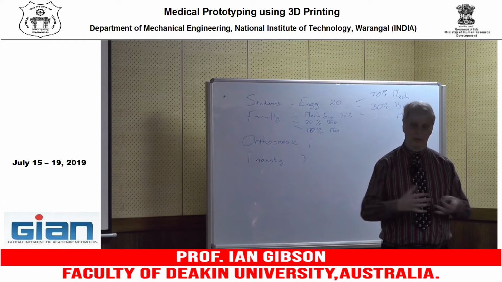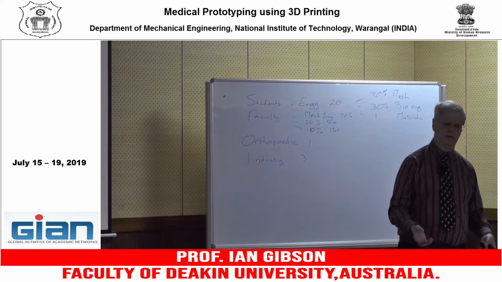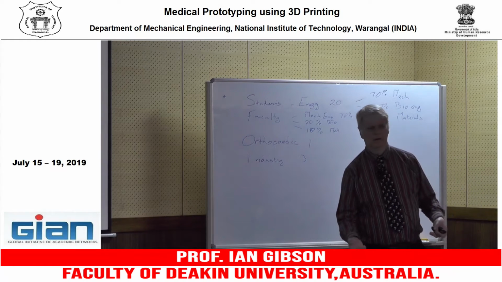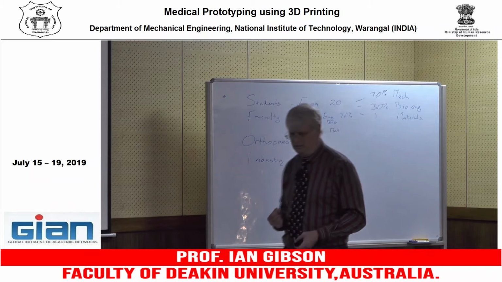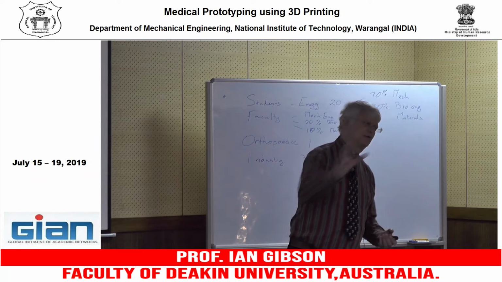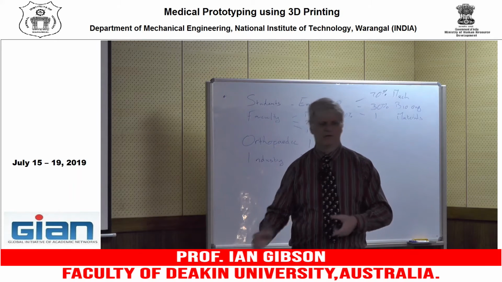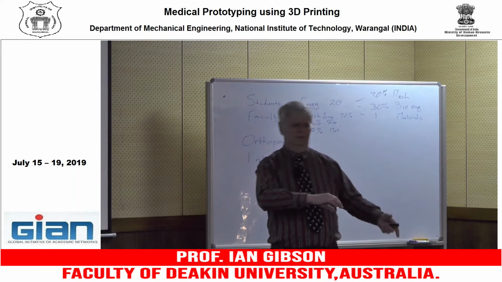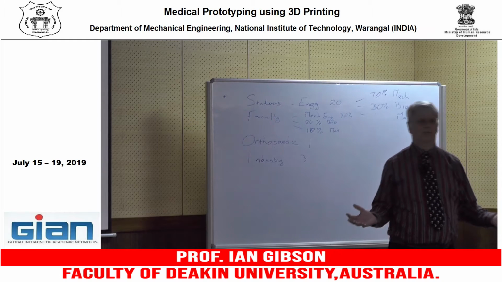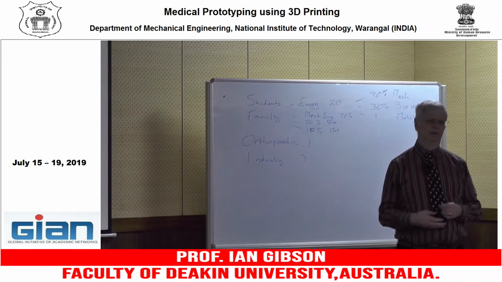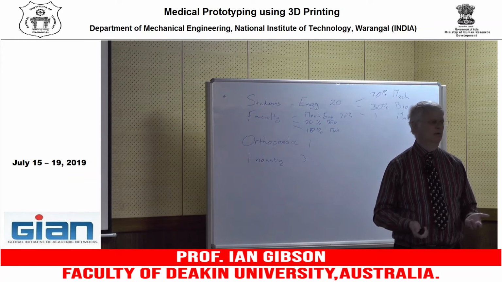But now we can, because we've got additive manufacturing, we've got 3D printing. Mass customization is customization for mass production. So this is the world that we now live in, where this is becoming possible.